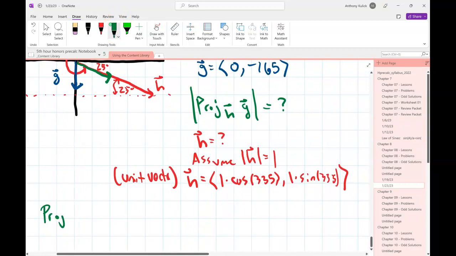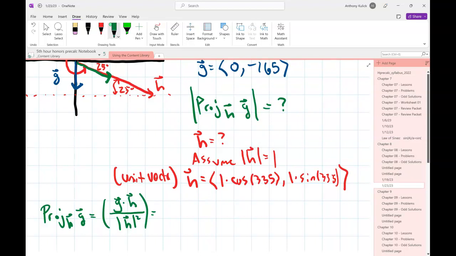Okay, so now I have everything I need. So the projection of G onto H is going to be G dot H divided by the magnitude of H squared, times H. So that's going to be 0 times cosine 335 plus negative 165 times sine 335, and the magnitude of H is just 1.